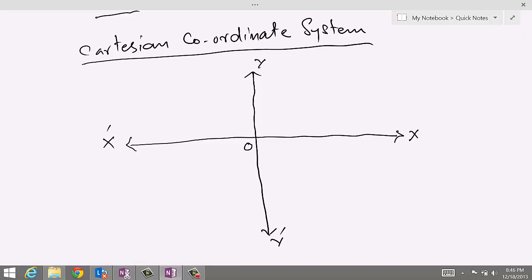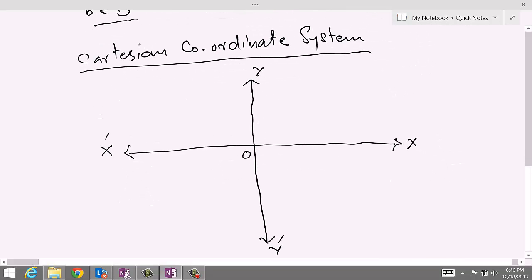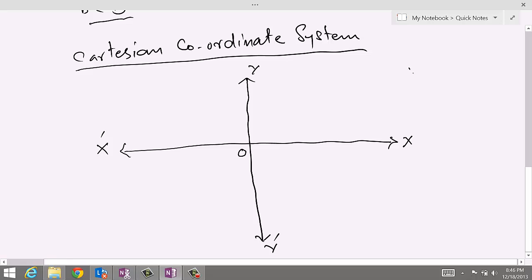If we want to plot the numbers on this, let's say that we want to plot the pair 4, 5. The first element in the pair is called abscissa, and the second is called ordinate.